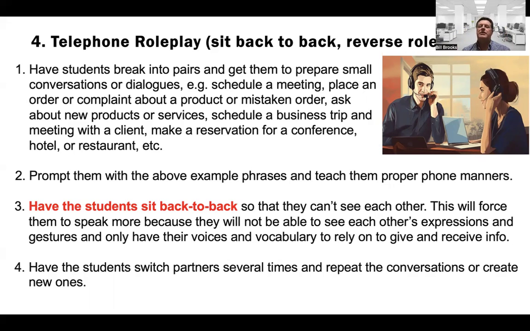You don't want them seeing each other's gestures. They have to rely on the vocabulary and the tones of the voices of each other to solve the issues or provide the information, etc. So it's a lot of fun, and they really get into it. And I would recommend this at any level: high school, university, even junior high school, if some of those teachers are present at today's conference.